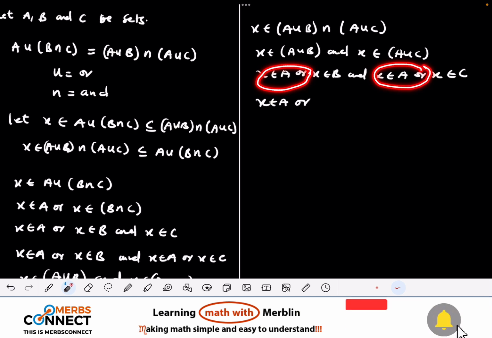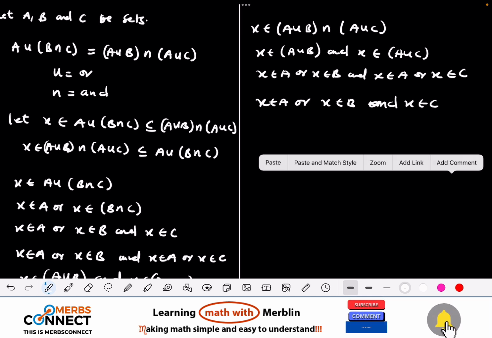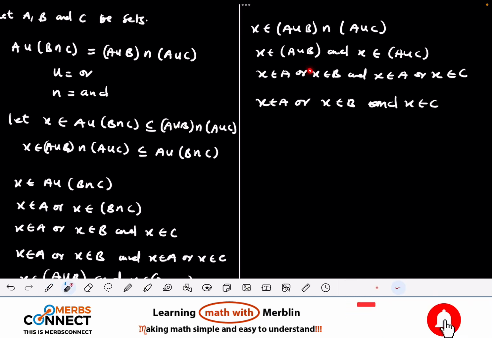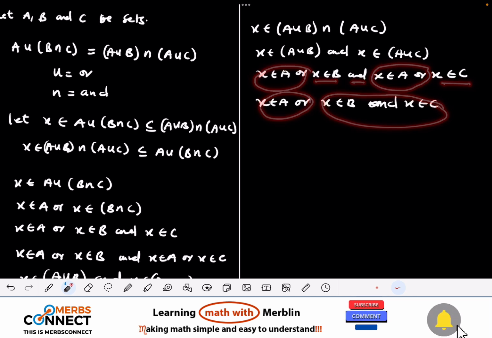We can see that what will be left is this and that. So I'm going to now have X belongs to B and X belongs to C. So you can see that when we factor this one out, which is right here, which is also right here, what will be left is this and this, which is right here, right?